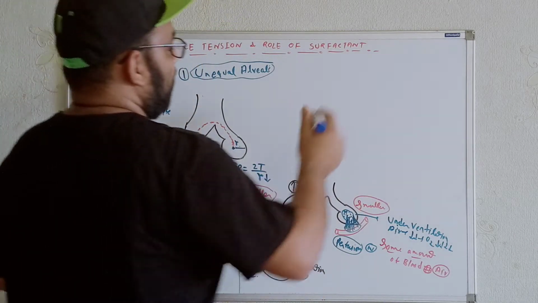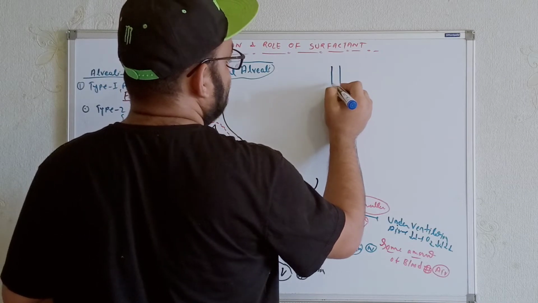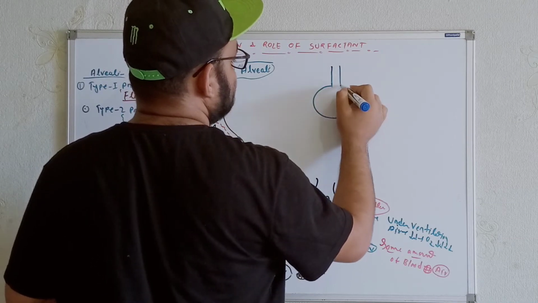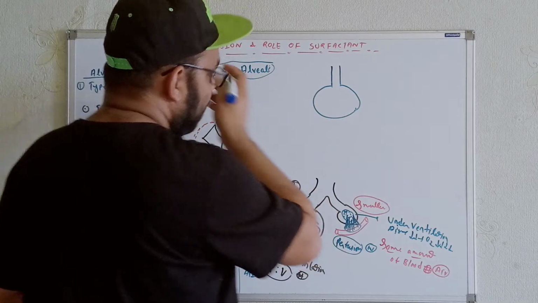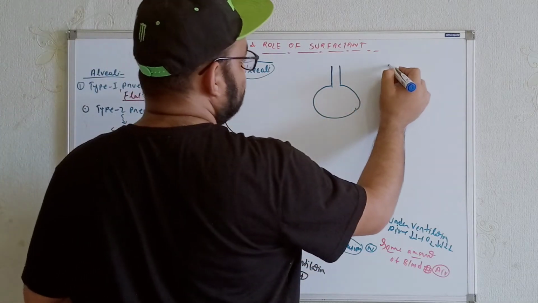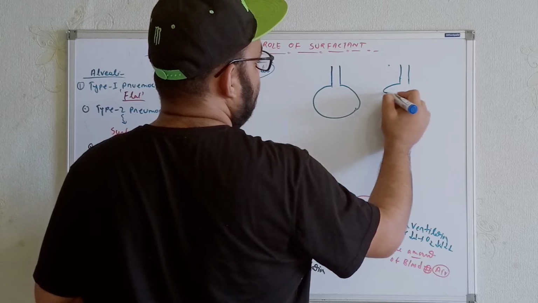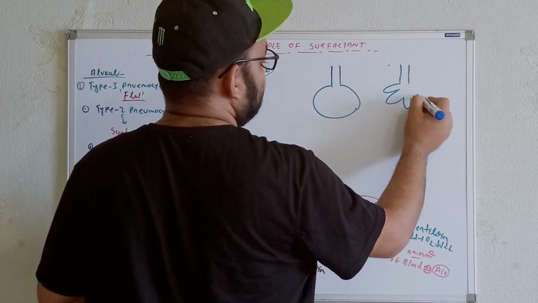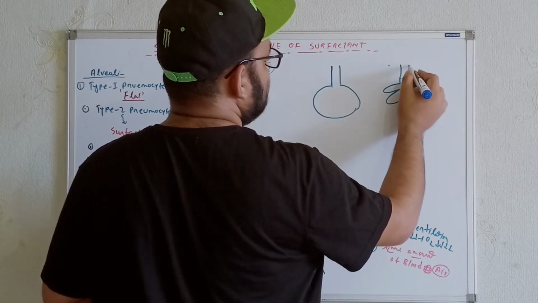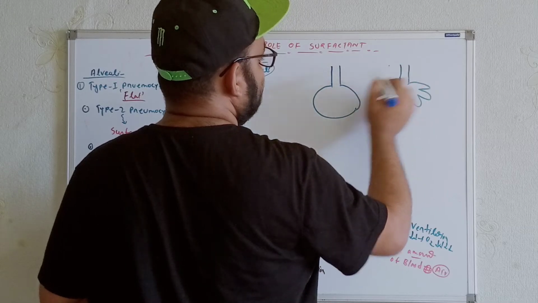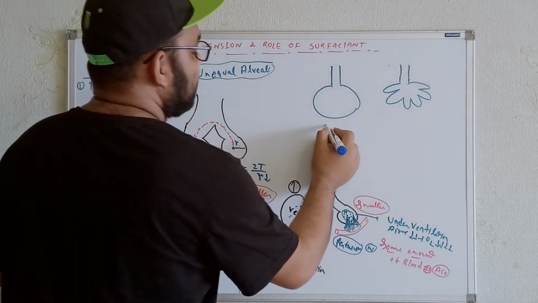For example, there is an alveolus. It has a certain size, and in this case we are getting multiple sacs of alveoli. Now see, here the size is the same.